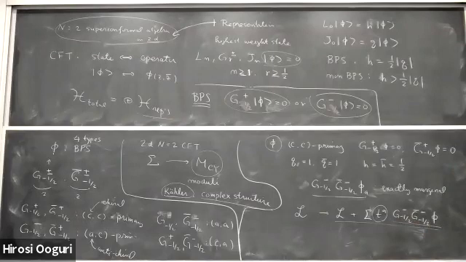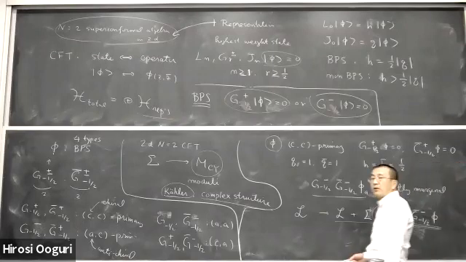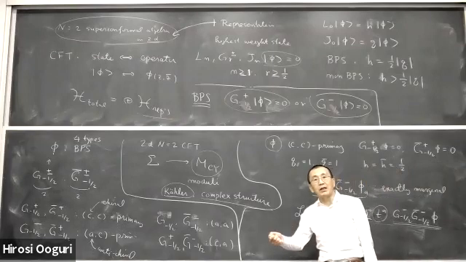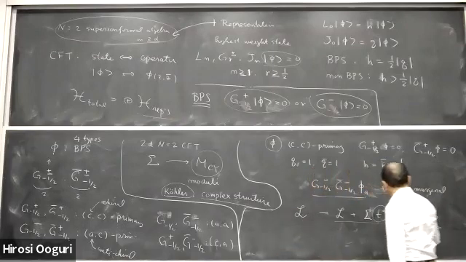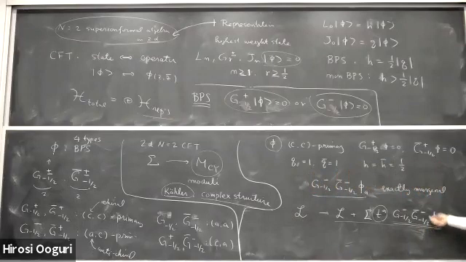Okay. So we can see that in the following ways. First of all, it has the correct dimension for a marginal operator. A marginal operator in 2 dimensions must have conformal dimension 1 for the left and 1 for the right, and this has the correct dimension by taking this into account.